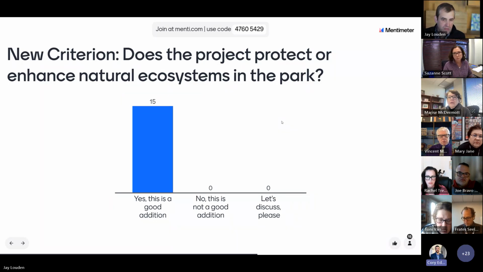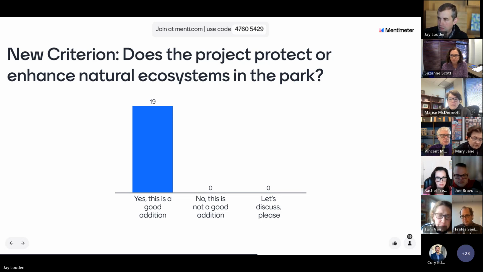What about adding the word restore to that sentence? Makes sense to me. Okay, 20 yeses.